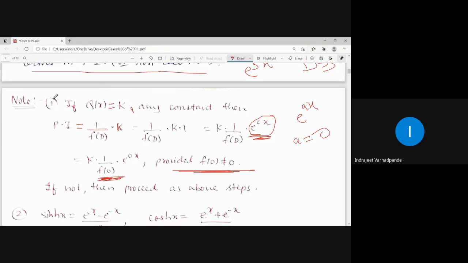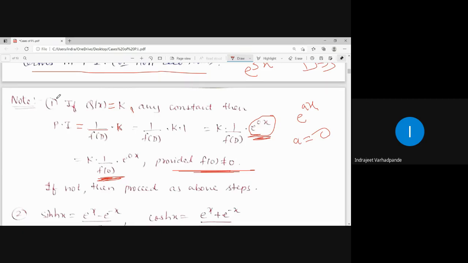Once it is converted to e to the power 0x, replace d by 0, provided the denominator is not equal to 0. Right? If it is not equal to 0, the final answer is generated. If it is equal to 0, repeat what we have done in the previous step. Multiply by x, differentiate and then replace.